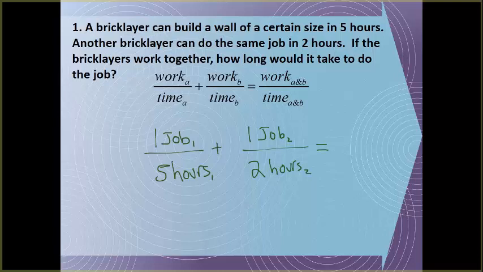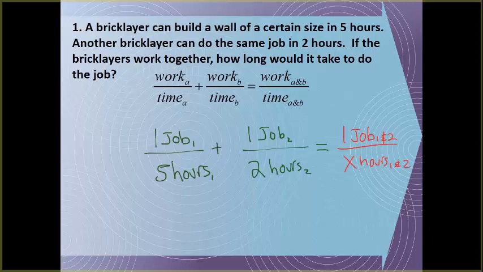And again, this is a formula that you can use to estimate how you would do. So again, you're doing that same job. So it's 1 and 2, all over the time that it takes. We do not know, we say it's X hours for 1 and 2 to work together.